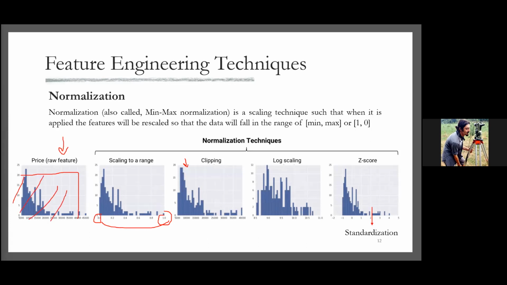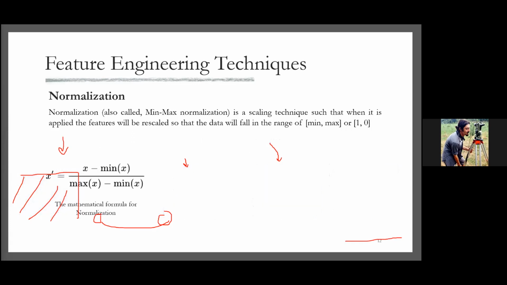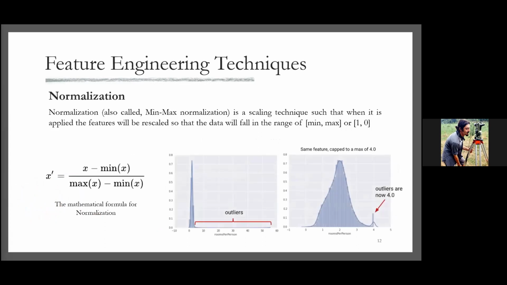We can call the other part an outlier, or we can ignore it. Or we can use logarithmic scaling, which is good for some kinds of data sets, not for all of them. Or we can use standardization. We can select the top and bottom values. And we know the mathematical formula of normalization.